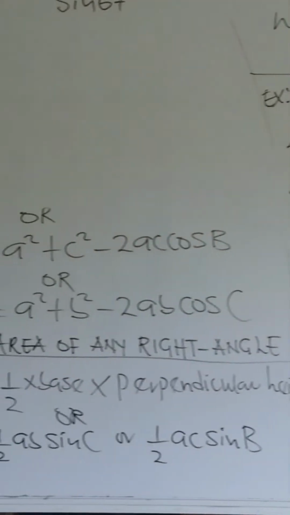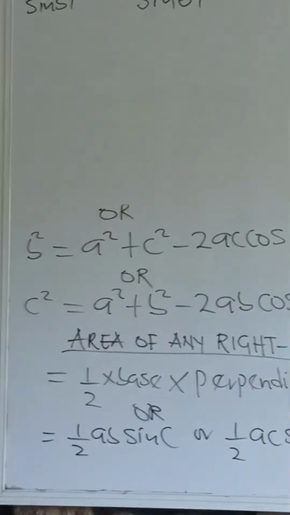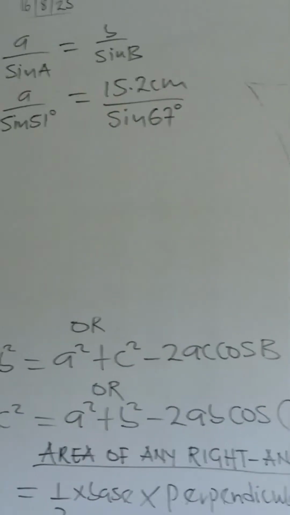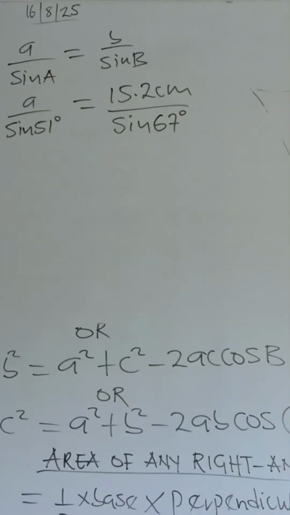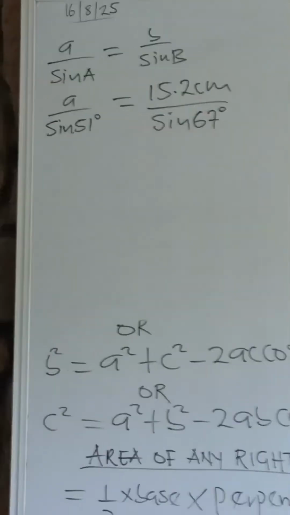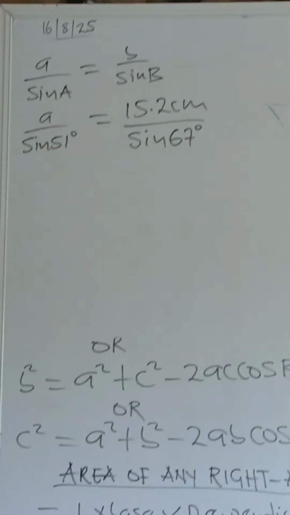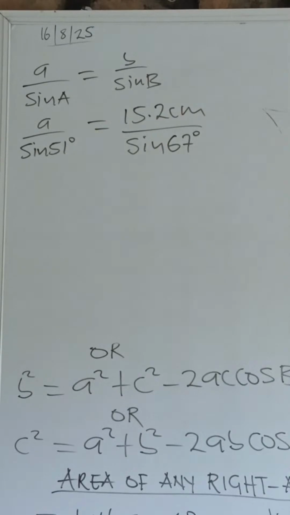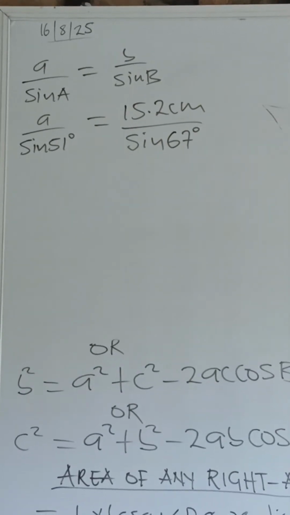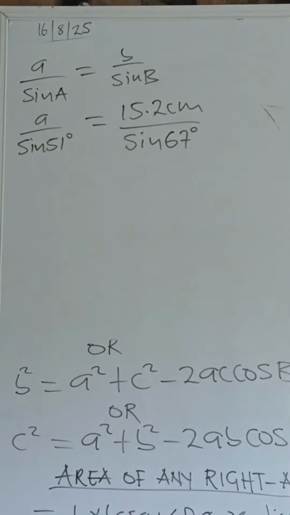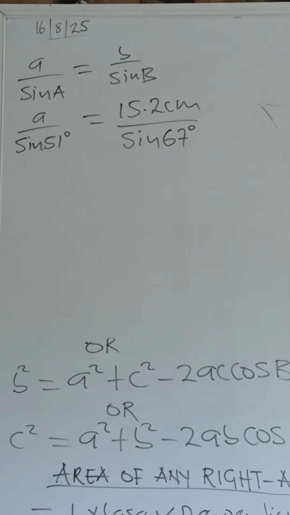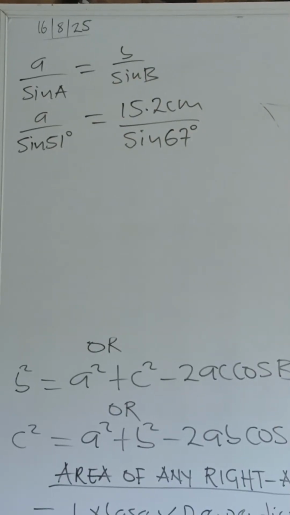I'm waiting for you guys. So consider this problem: a over sine 51 degrees equals 15.2 cm over sine 67 degrees.